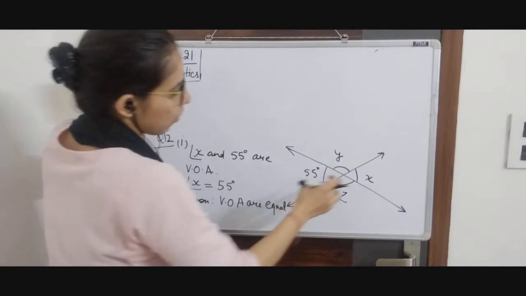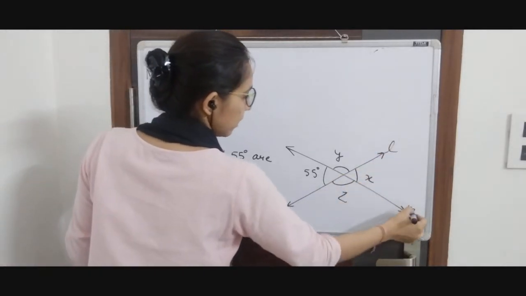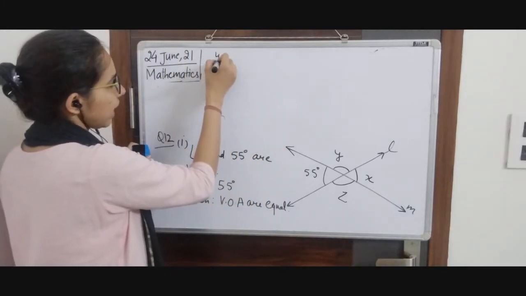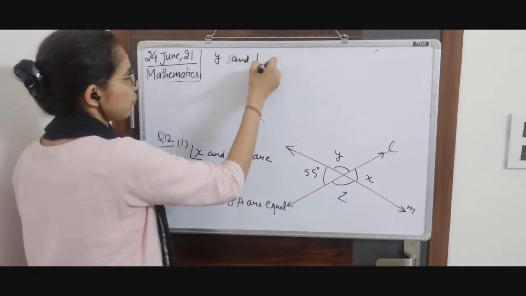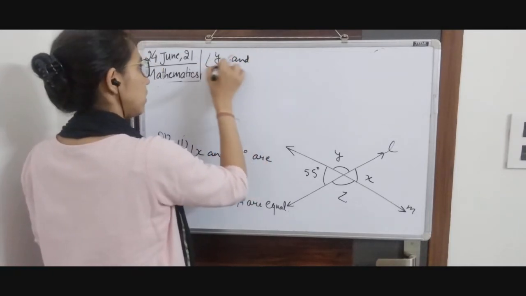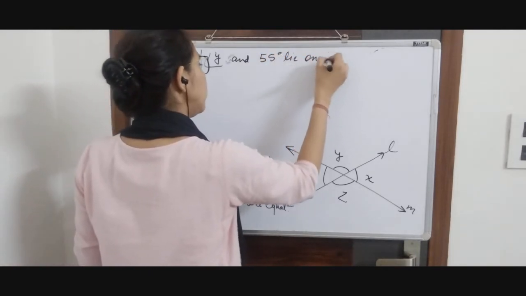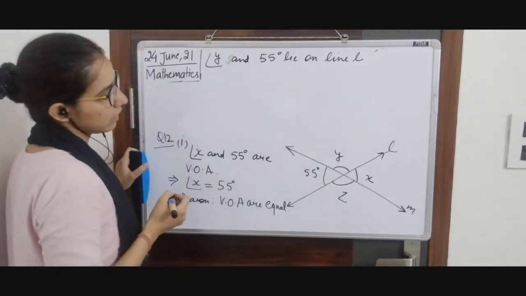Angle Y and Z. Now we know the value of this. Okay, I'm going to name the lines L and M. Now angle Y and 55 degree lie on line L. Okay, I have named the line now.